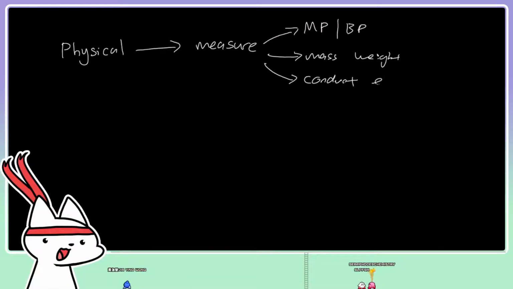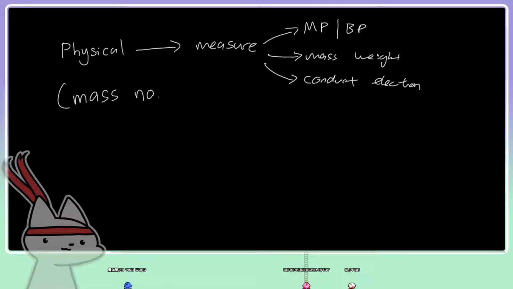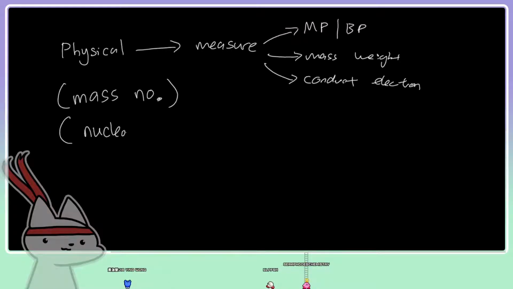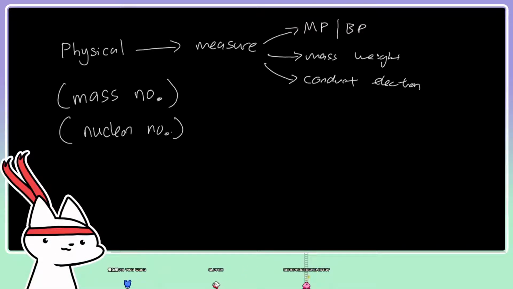All these things are going to be affected by the mass number. It also means what we call nuclear number. So if something is an isotope, the mass number and nuclear number will change.